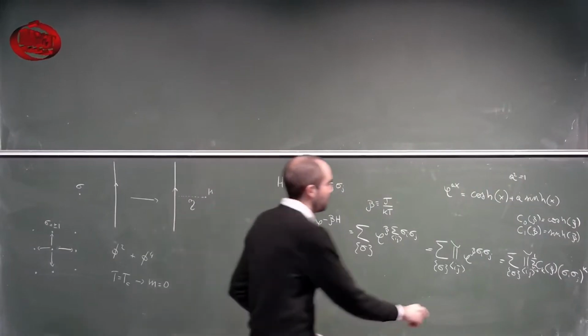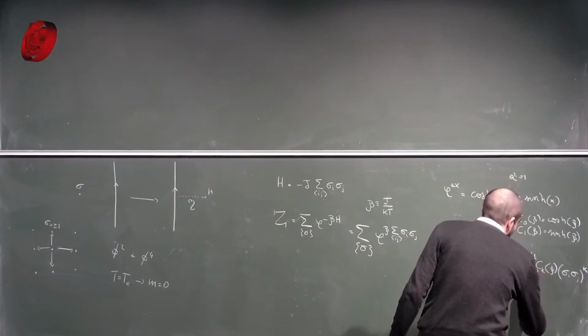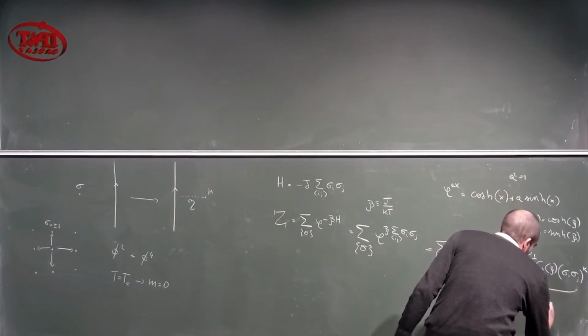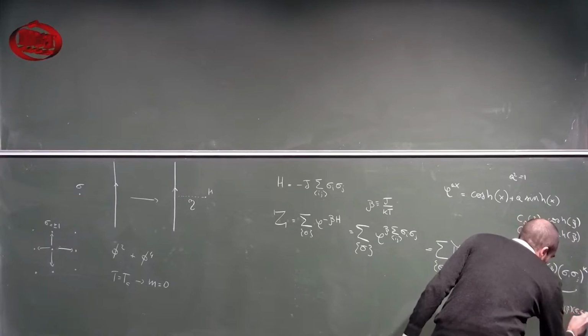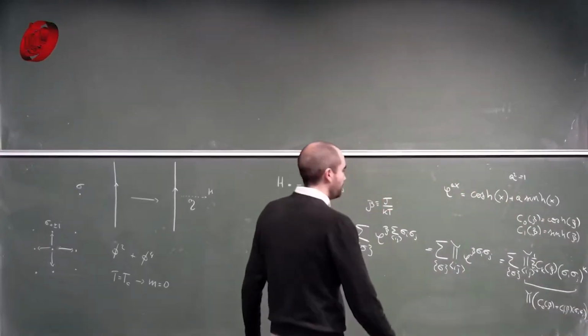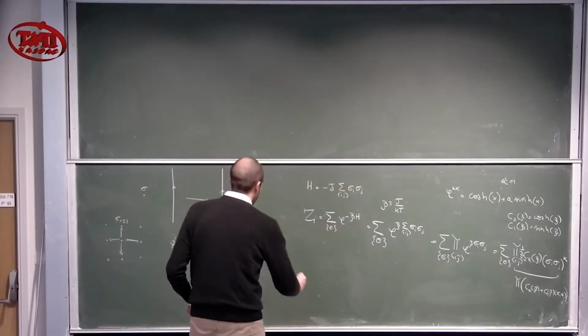But now, you see, this sum has only two components. So really here I'm writing something like the product of C0 of beta plus C1 of beta times sigma i sigma j. So I can write this expression in an equivalent way as well.